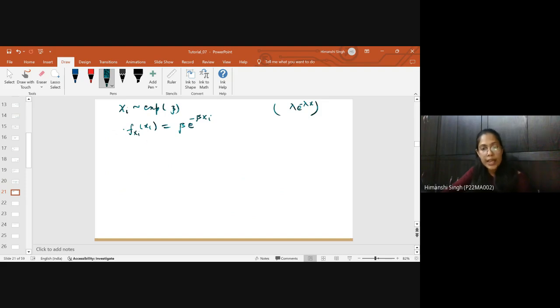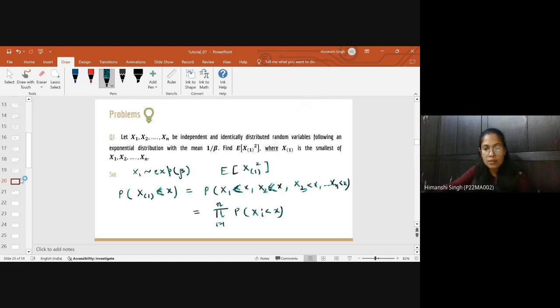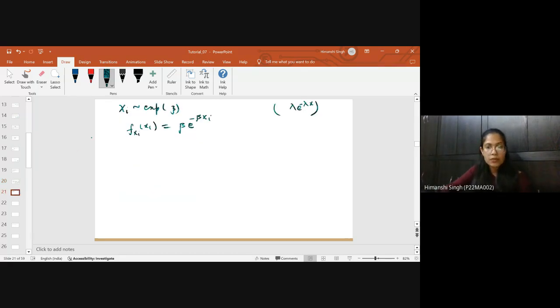So this is basically the density. But here we have the distribution. So this is basically product, i going from 1 to n, F of xi x. So this is basically the distribution. Let me use x here to avoid confusion. This is just the notation. We can change it.